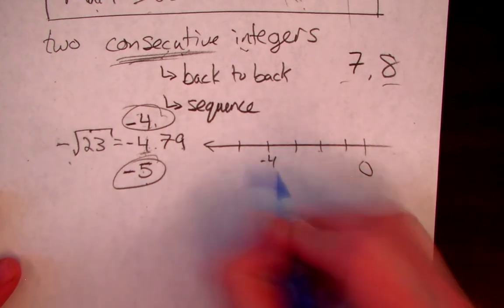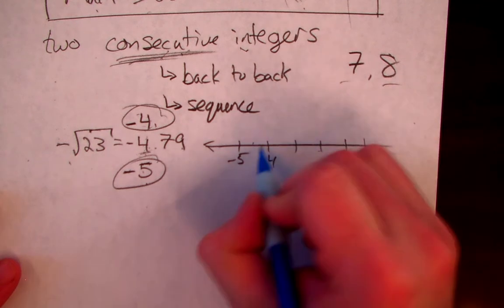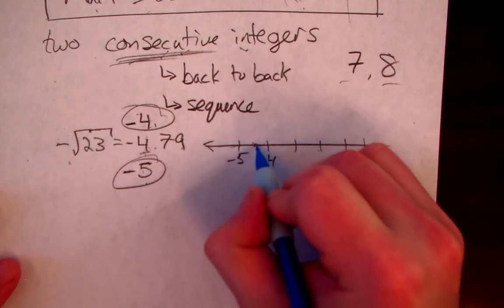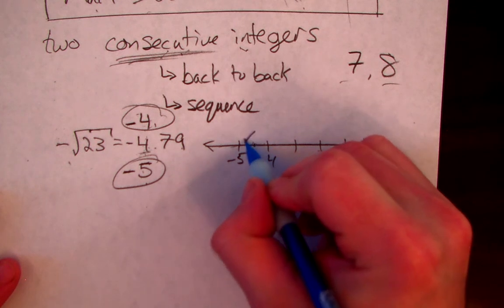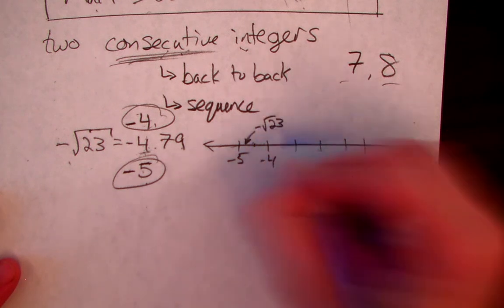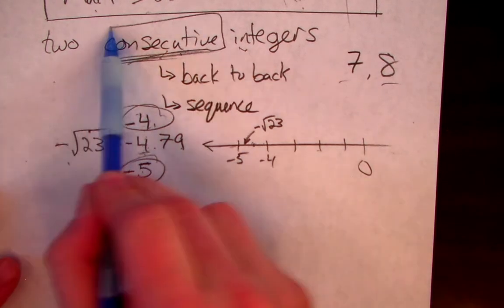This is going to be negative 4, and this is going to be negative 5. Let's use that benchmark of 4.5, right in the middle. I'm going to be a little bit to the left, so approximately right in here is going to be that negative square root of 23. Be able to place those values on a number line and have that as two consecutive integers.